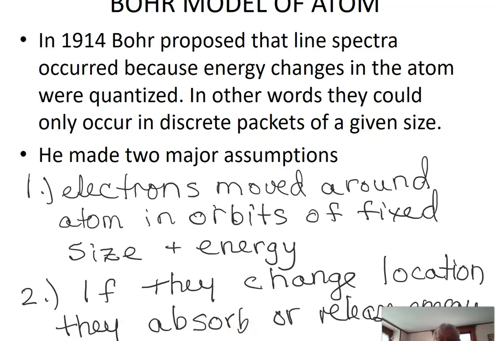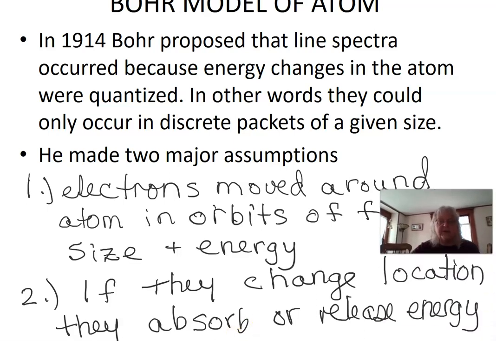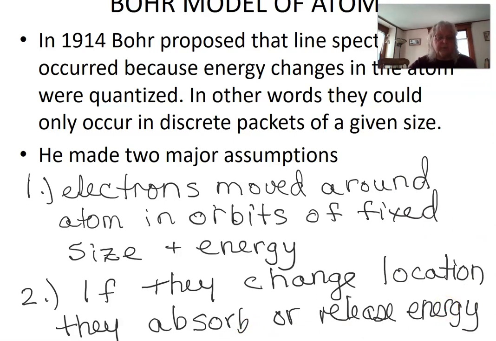The other thing he said was that if they changed location, if they moved from one place to another, they had to absorb or release energy. So the Ni and the Nf in those equations refer to which orbit the electron was in: the initial orbit, maybe the one closest to the nucleus, and then the final orbit when it was further away.